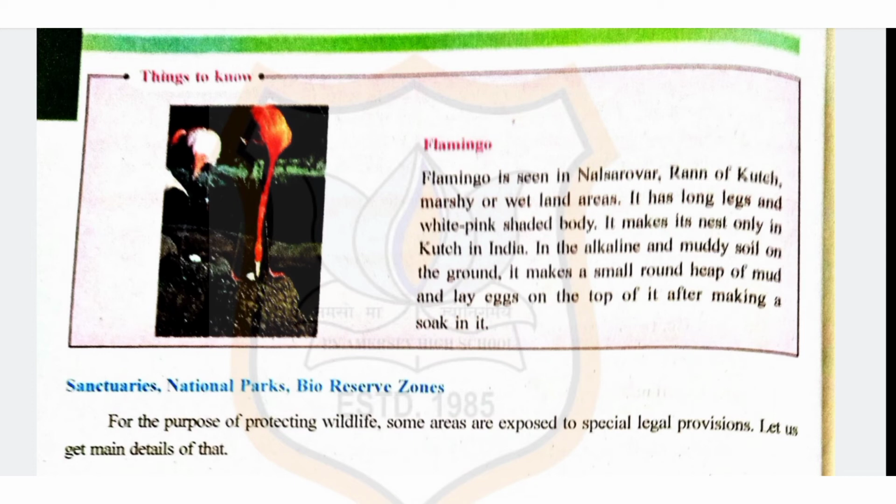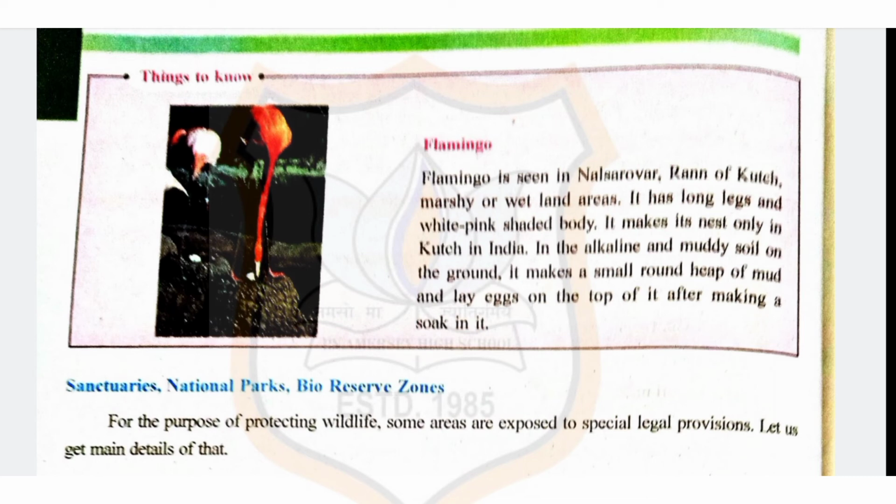It makes its nest only in Kutch in India. In the alkaline and muddy soil on the ground, it makes a small round heap of mud and lays eggs on the top of it after making a soak in it.